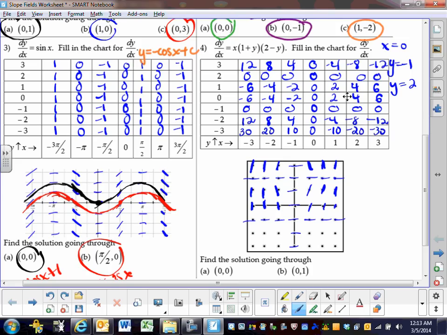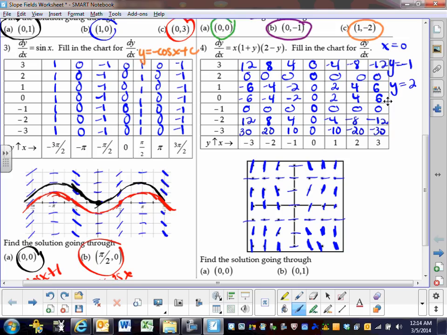Below we have a slope of 12, 8, 4. Negative 4. My computer's a little glitchy, sorry. Negative 8, negative 12. And then below we have a slope of 30, 20, 10, negative 10, negative 20, negative 30.